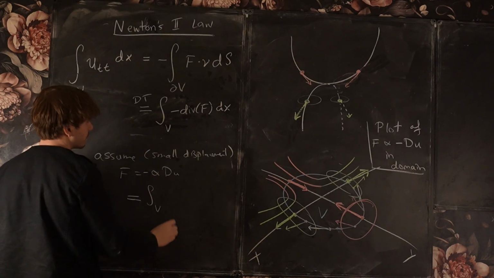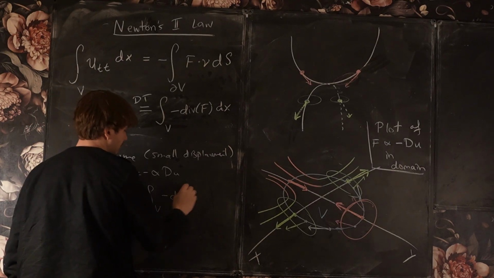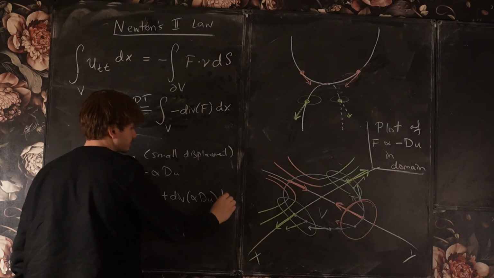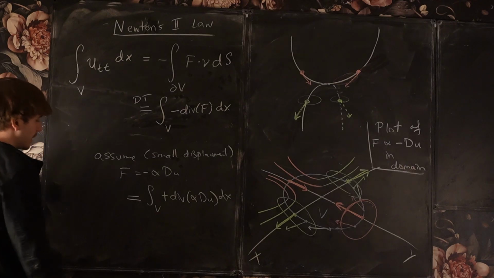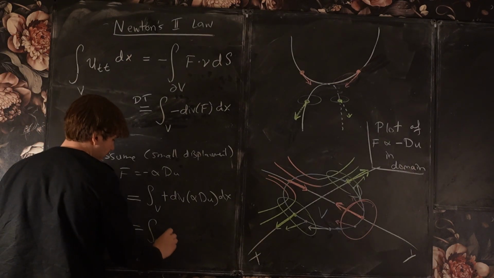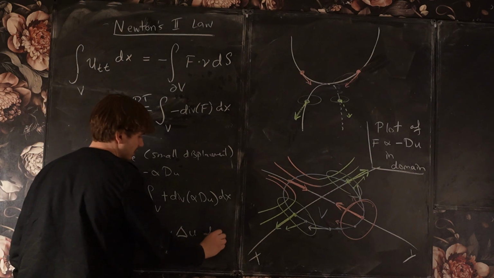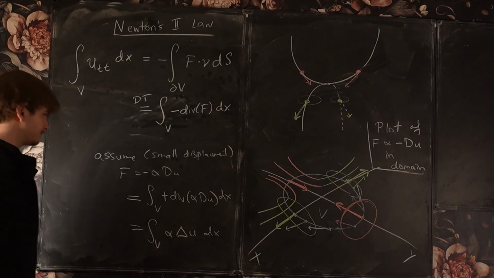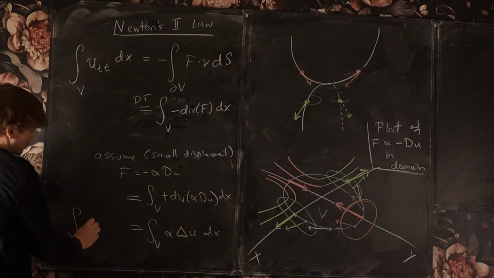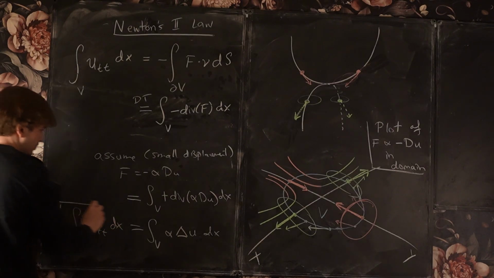So we're going to get the integral over V, negative divergence of, and this negative sign will become a positive sign, alpha del u dx here. And then since alpha is a constant, this is just equal to the integral over V of alpha times the Laplacian of u. That's the definition of the Laplacian, the divergence of the gradient. And so we end up with this expression, u_tt dx here.